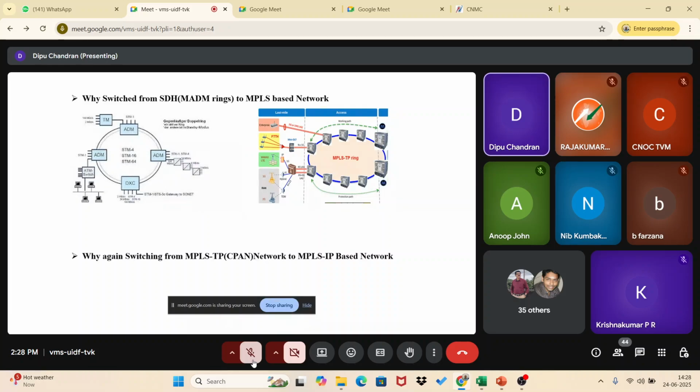So the only solution is that traffic should get routed automatically. Even if a path is there, it should switch over within less than 50 millisecond delay, whatever the industry standard is. So the solution is ultimately we have to move to an MPLS-IP based network.